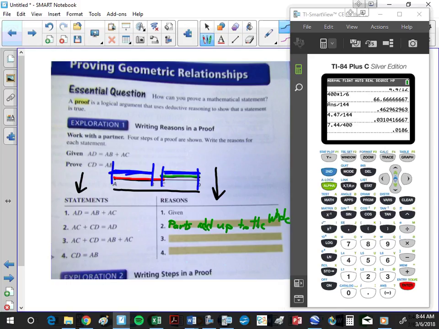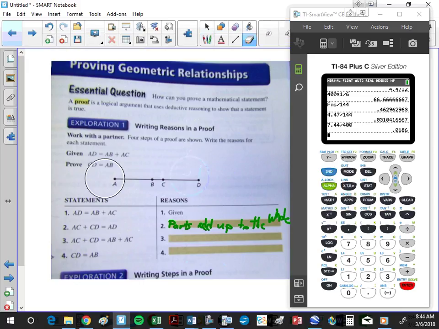So we said AC plus CD equals AD. So AC plus CD equals the whole length. Okay, we know that. Now step 3 says AC plus CD.